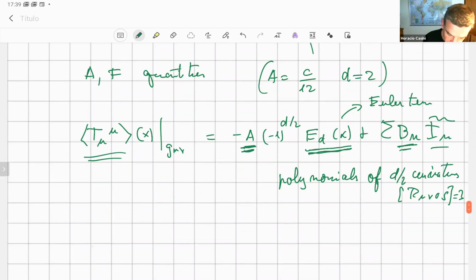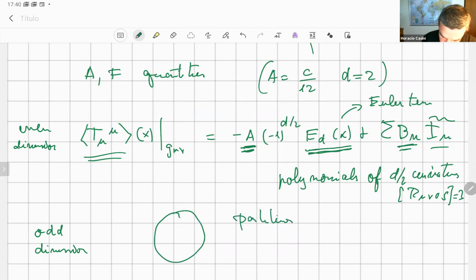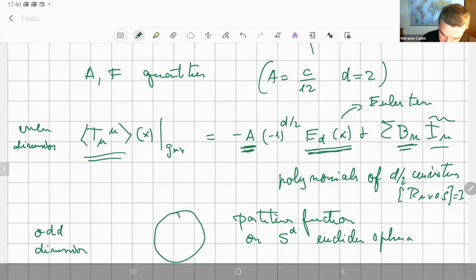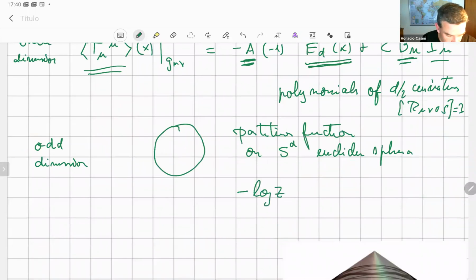For all dimensions, if this is even dimension, you have to construct the partition function on S^D, a Euclidean sphere of dimension D, and then the free energy will have an expansion here, the divergent piece is non-universal, and the last term is this quantity F, a constant term.